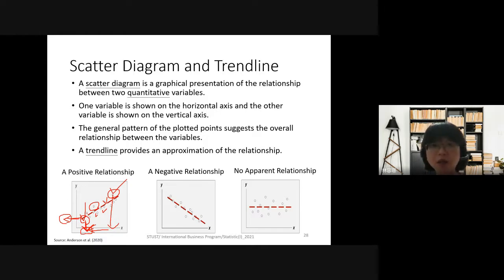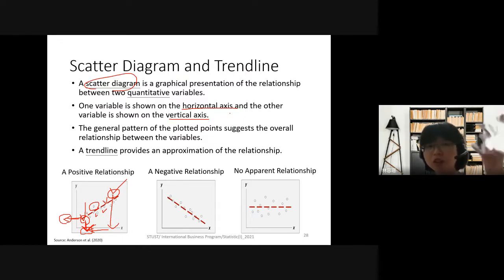So here you will find a scatter diagram is a graphical presentation of the relationship between two quantitative variables. They are shown on the horizontal axis and the vertical axis with two different variables.